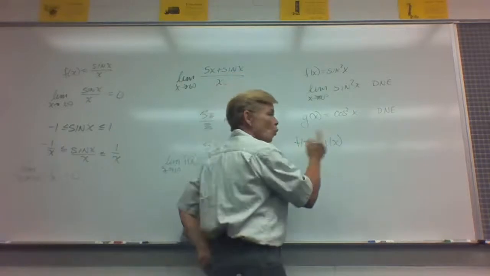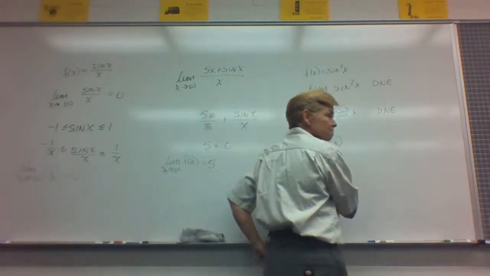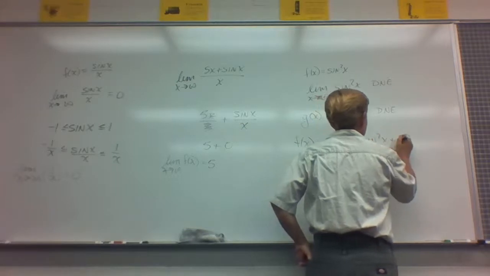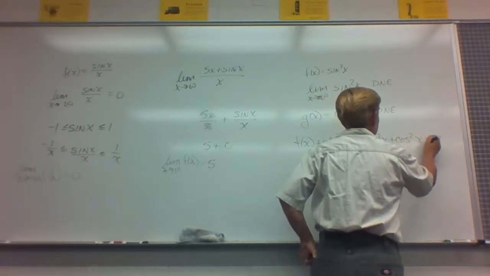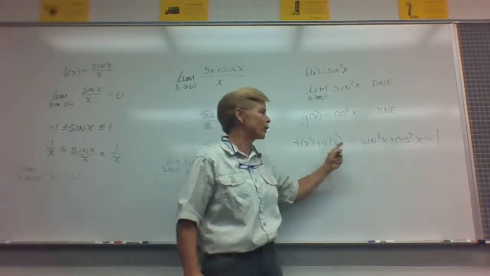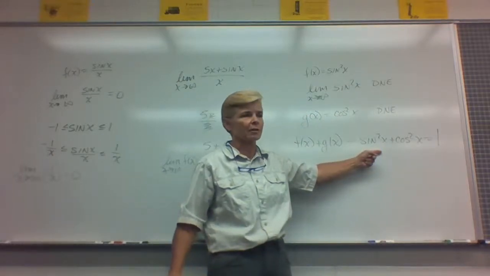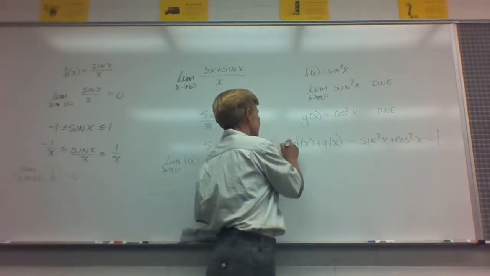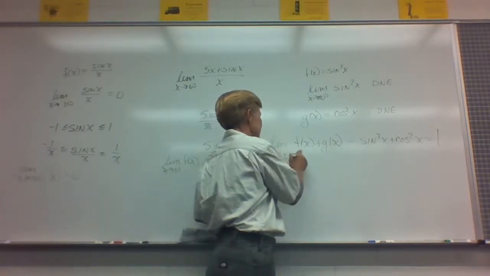However, you know what this limit is. Why? 1. Because sine squared plus cosine squared in any instance is 1. Again, the properties were useless in adding them together, but we know what it is without thinking very hard about it. The limit of their sum, as x approaches positive or negative infinity, is 1.